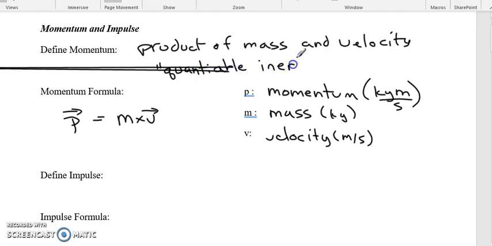Oops, little error there. Quantifiable inertia. And that kind of gives it a little bit of real life context. The tendency of an object in motion to stay in motion, or an object at rest to stay at rest.